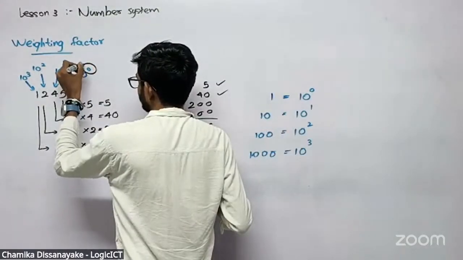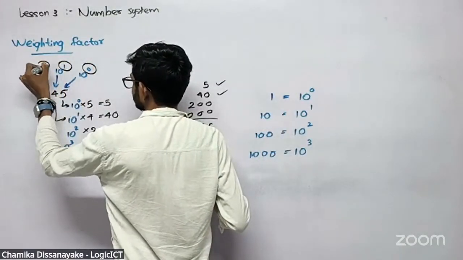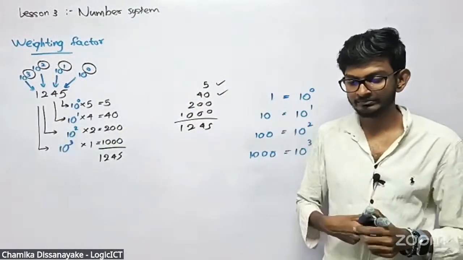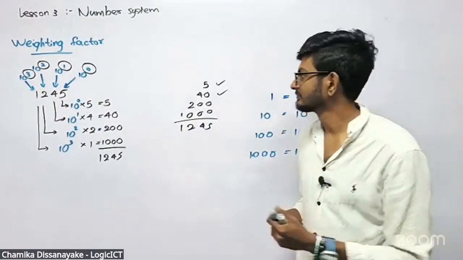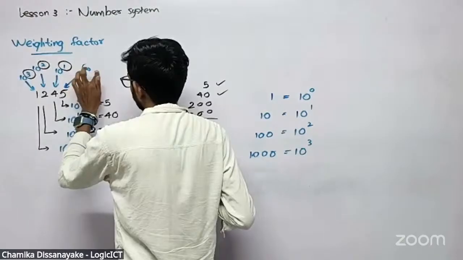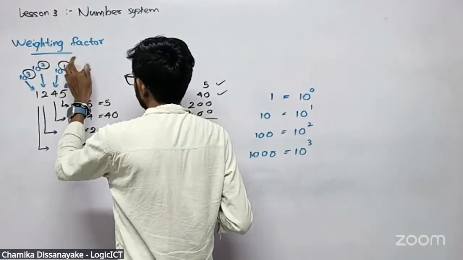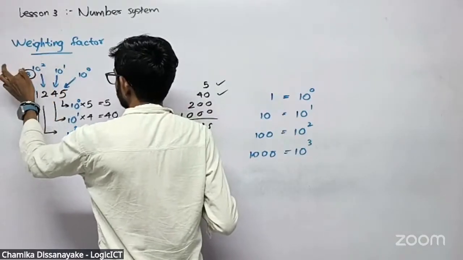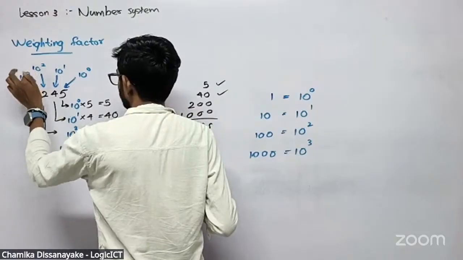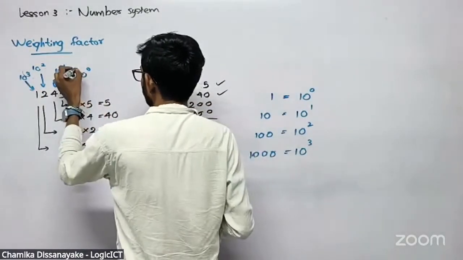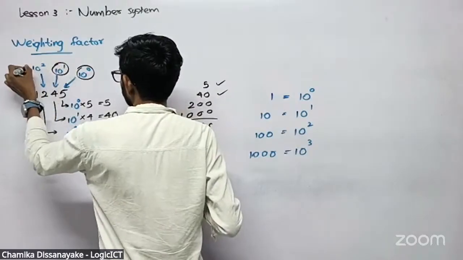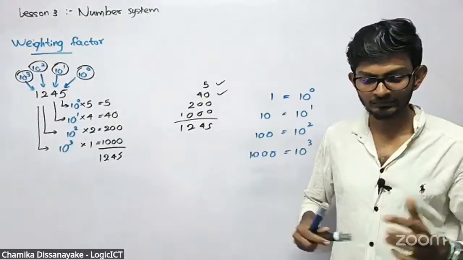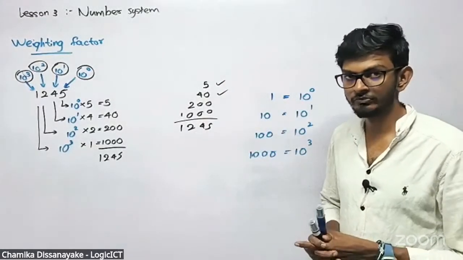Whole thing, sorry, this power number is called the weighting factor.